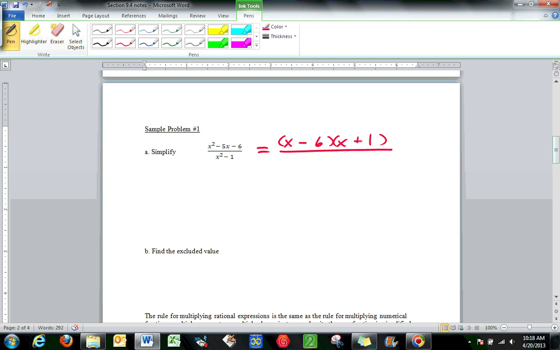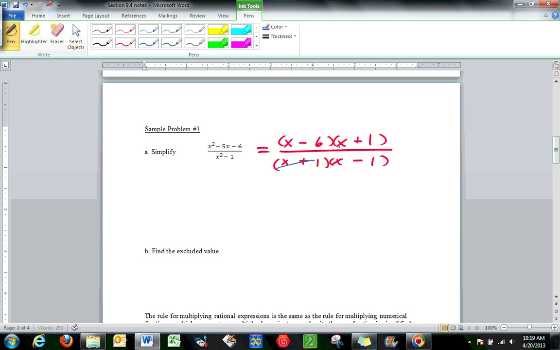So we have factored the numerator. Now we need to factor the denominator, which gives us a difference of squares. So I can break that up into x and x, 1 and 1. Of course that gives me a positive 1 and a negative 1. And if you look at this, you can see that the numerator and denominator have a common factor, and that's x plus 1.